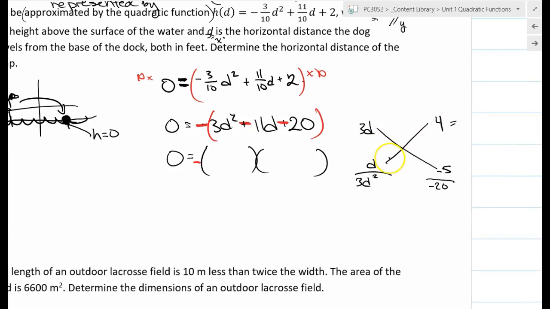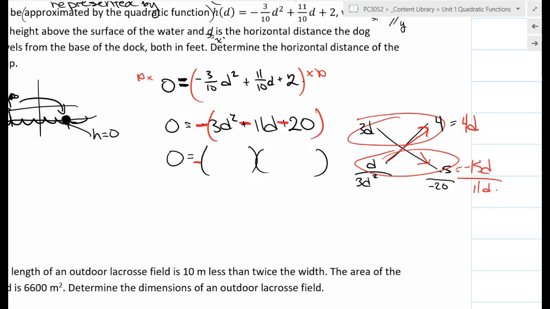Multiplying across, we've got d times 4 is 4d. 3d times negative 5 is negative 15d. If I add that together, I get 11d. And so I've got my two factors here and here. So 3d plus 4 or d minus 5.